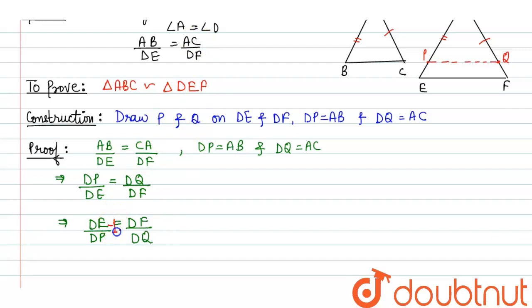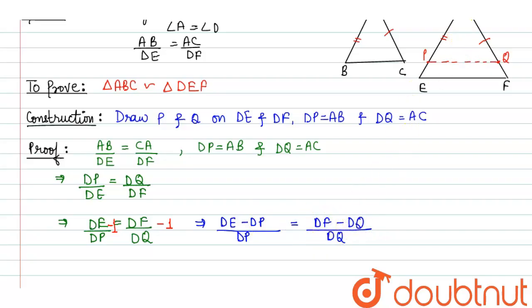After making it reciprocal, I have to subtract one from both sides. So subtracting one from LHS, subtracting one from RHS. After taking LCM, the denominator will be DP, and here I can write DE minus DP, equals, in the RHS part, DQ in the denominator, DF minus DQ.